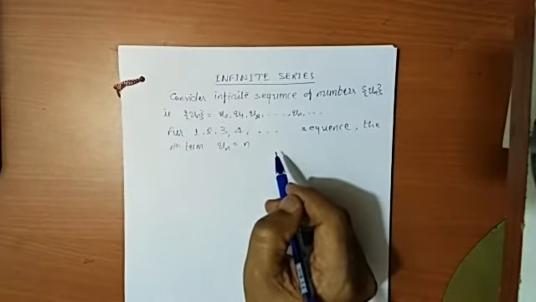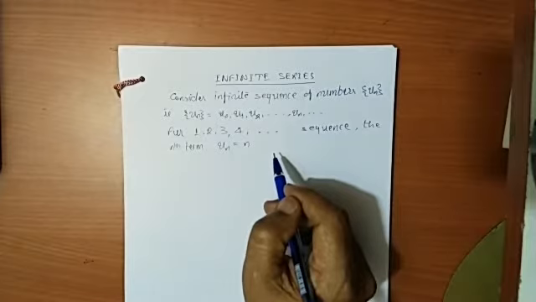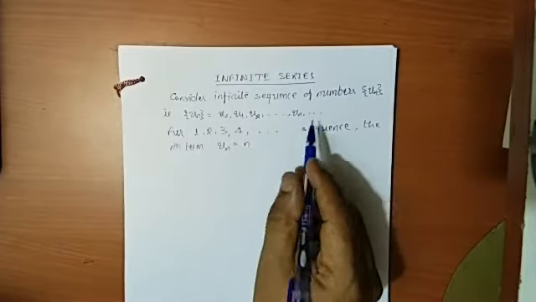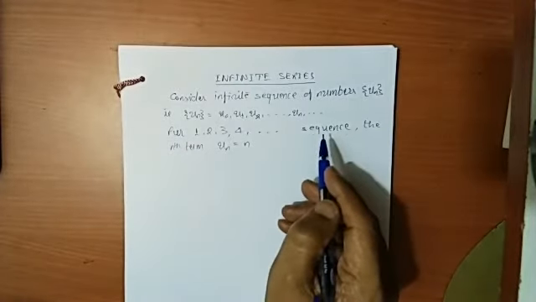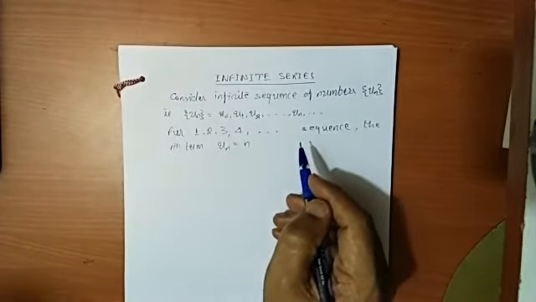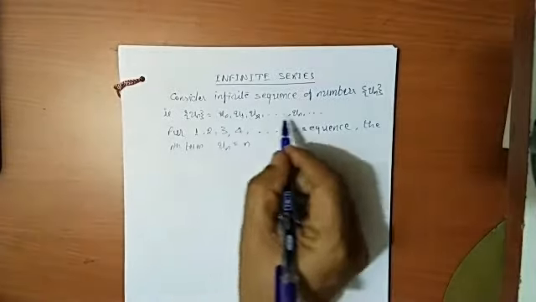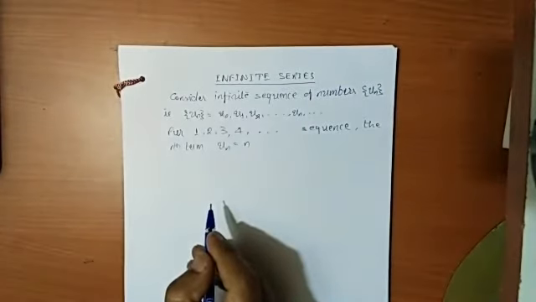If the series is convergent, that is, if it approaches a definite value as n tends to infinity, then it will be useful for us. So this is the sequence of numbers.